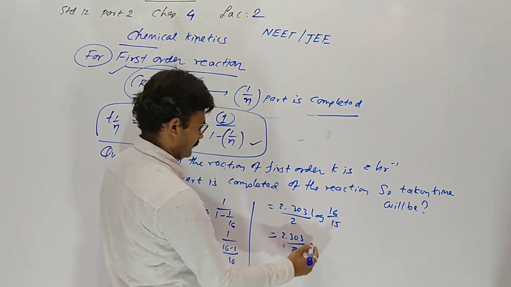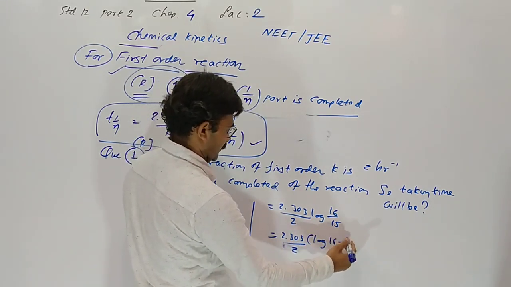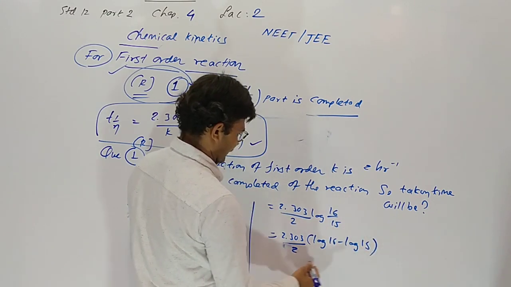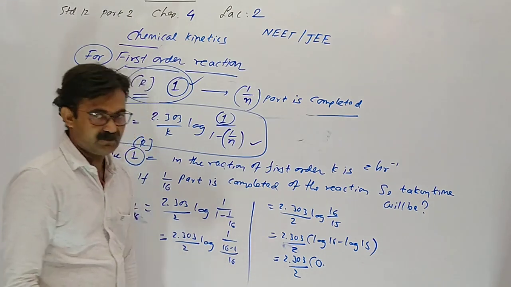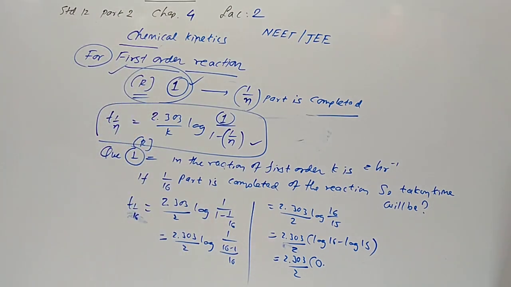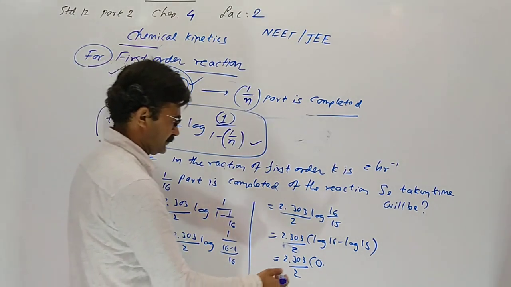So here it will be log 16 minus log 15. The value of log 16 is 1.2041.